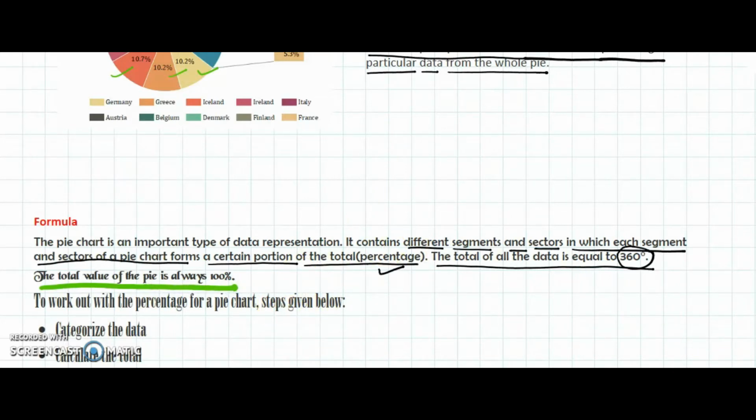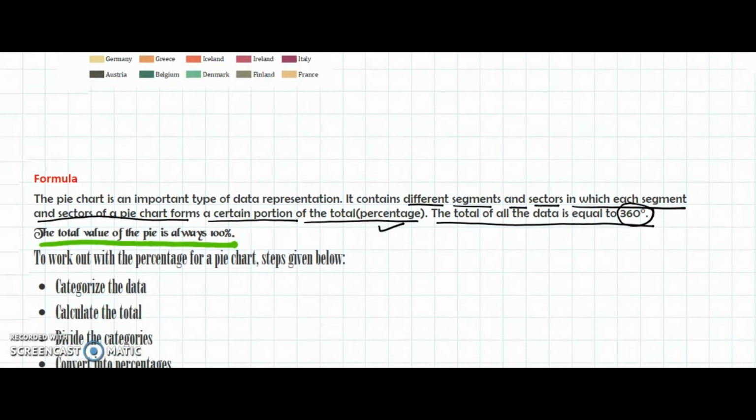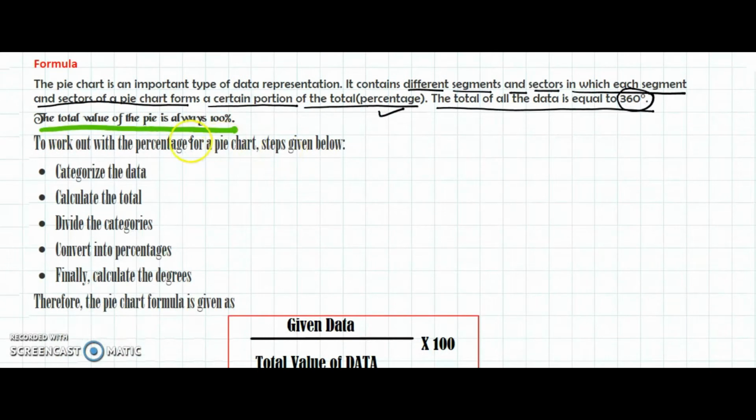To work out a pie chart, different steps are used, which are mentioned here. Let us read those steps and understand what we have to do to make a pie chart. We have to categorize the data, calculate its total, divide the categories in proper proportion, then convert them into percentage form, and finally calculate the degrees.